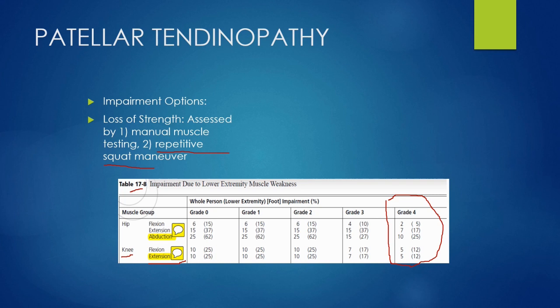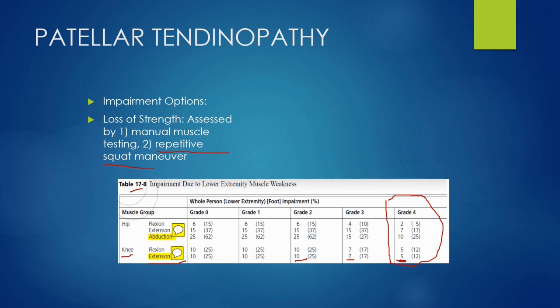So here the AMA Guides provide for 5% whole person impairment due to simply a grade 4 loss of strength of resisted knee extension, increasing to 7% for a grade 3 and even 10% for grade 2.